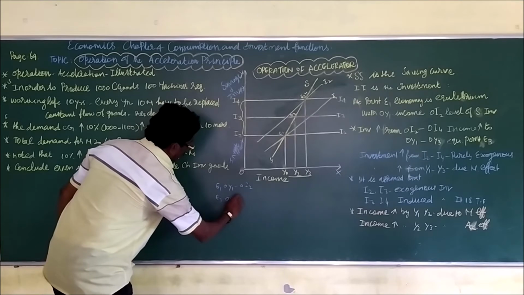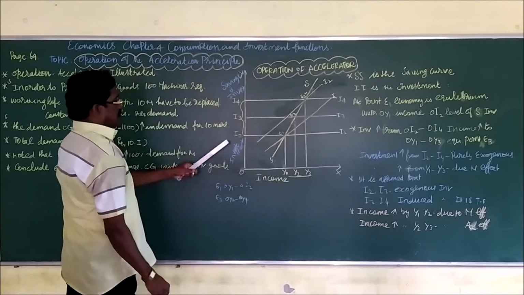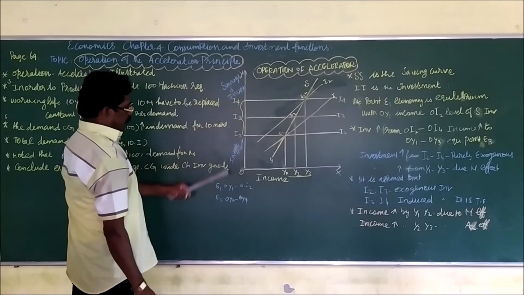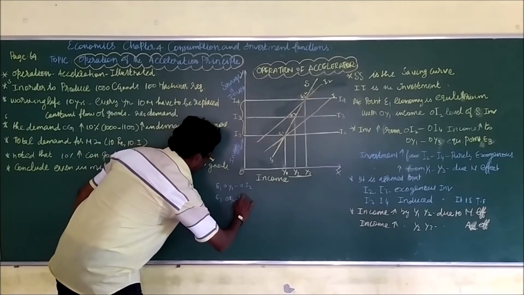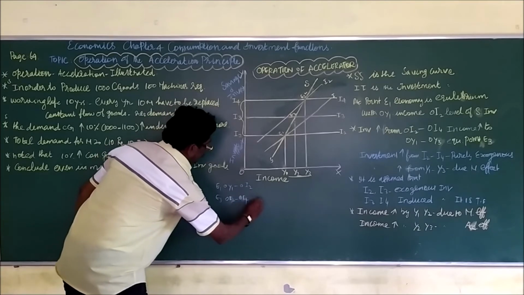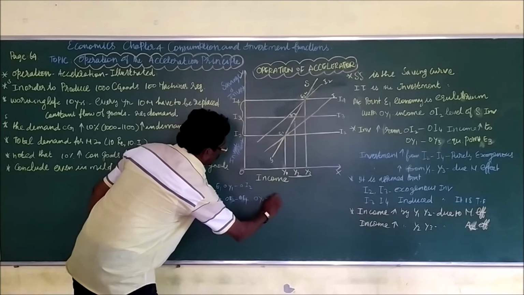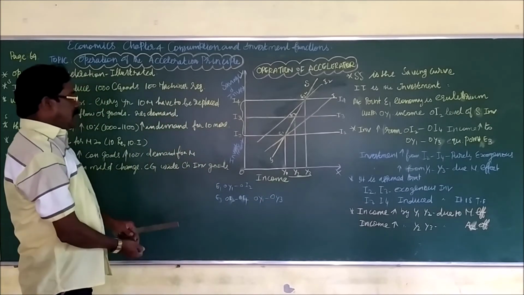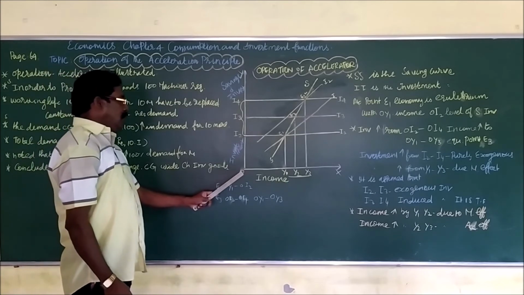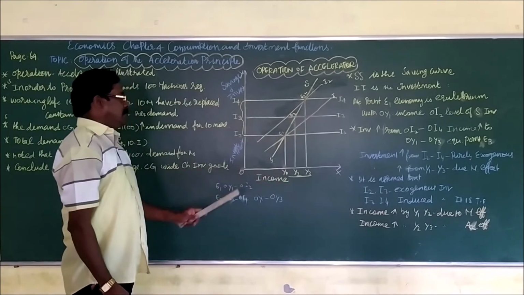That means equilibrium 3 is OY3. Income is increased from I2 to I4, and the income is increased from OY1 to OY3. Understand? The first level of equilibrium is OY1 level of income.